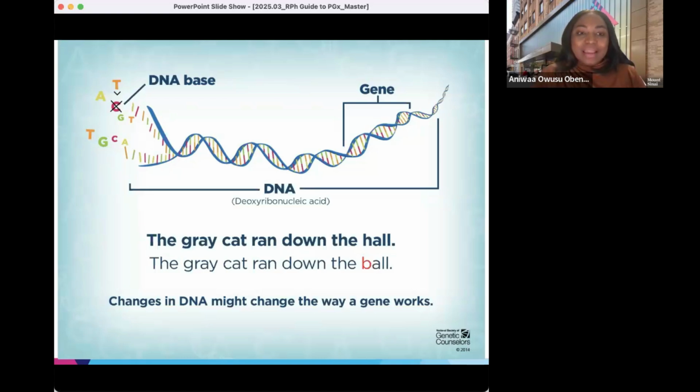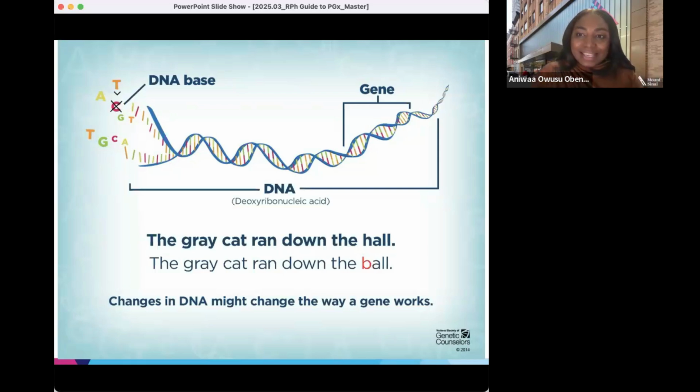But this is just an example of what a variation could do. So let's say the reference is the gray cat ran down the hall, but in the next individual, there has been a change from an H to a B. In fact, in the DNA sequence, there are only four bases, the A, T, C, G. So there's not an H or a B, but this is just for illustration purposes.